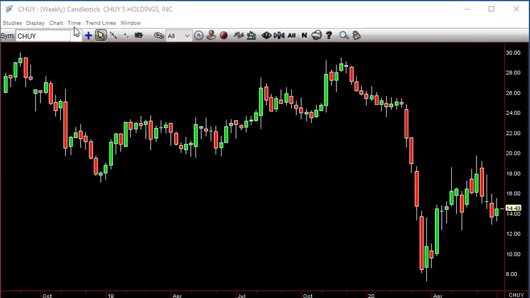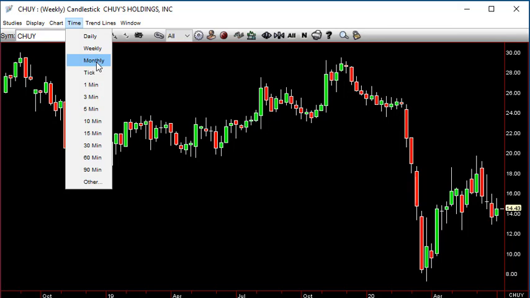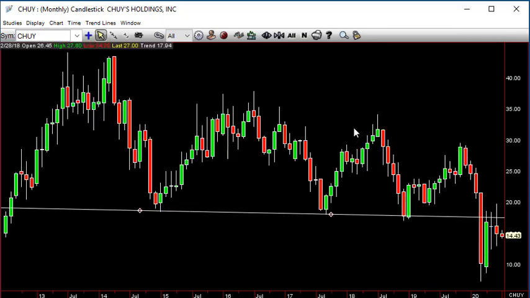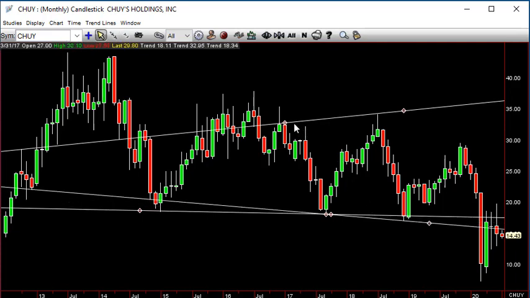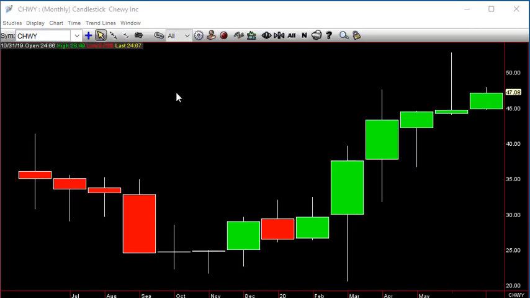Chewy. Monthly. The lower series. Here. There, lower low, higher high, to take out one side, to take out the other, and rip back through the range, right? Chewy.